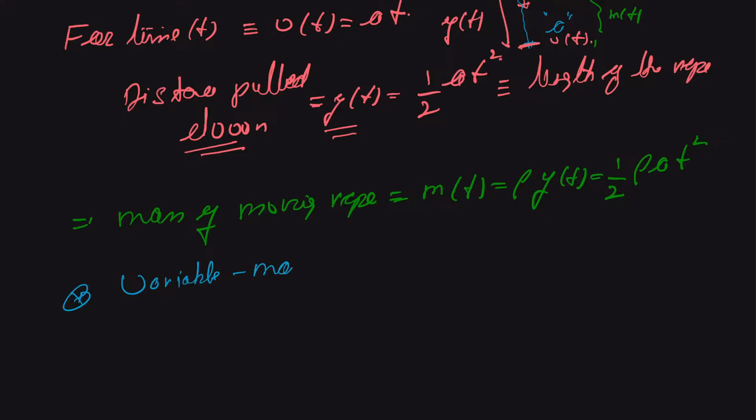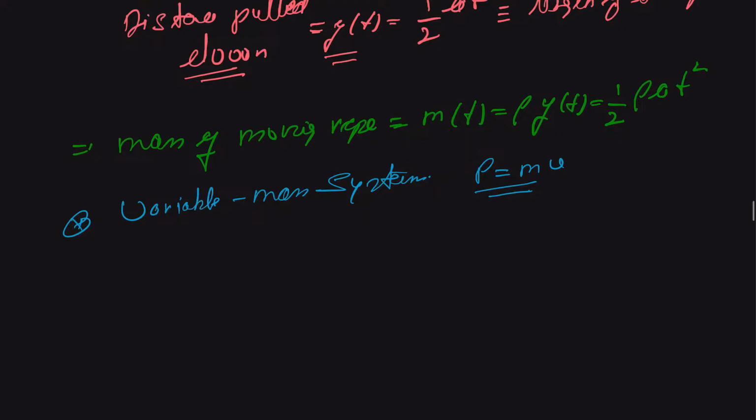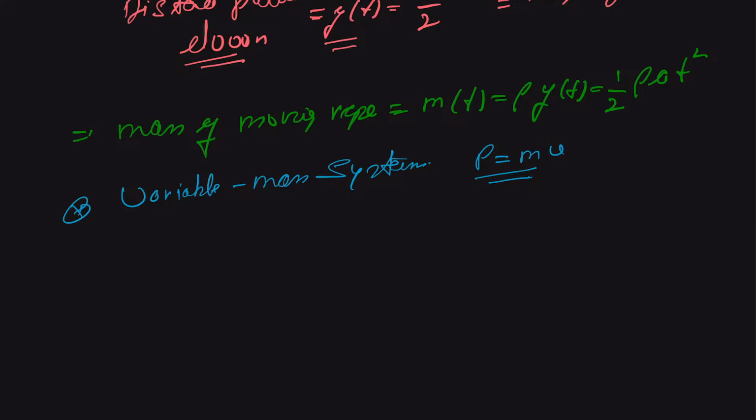And we are going to use the momentum here, and the basic equation is momentum P equal to m times v. So we can simply differentiate it with respect to time t.